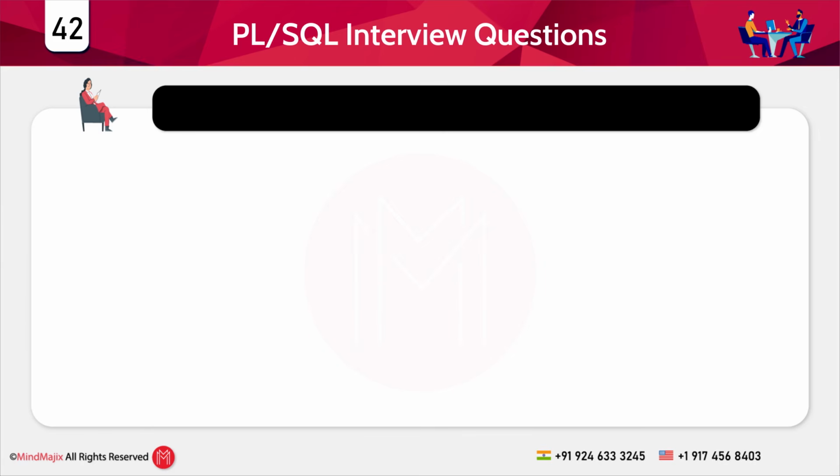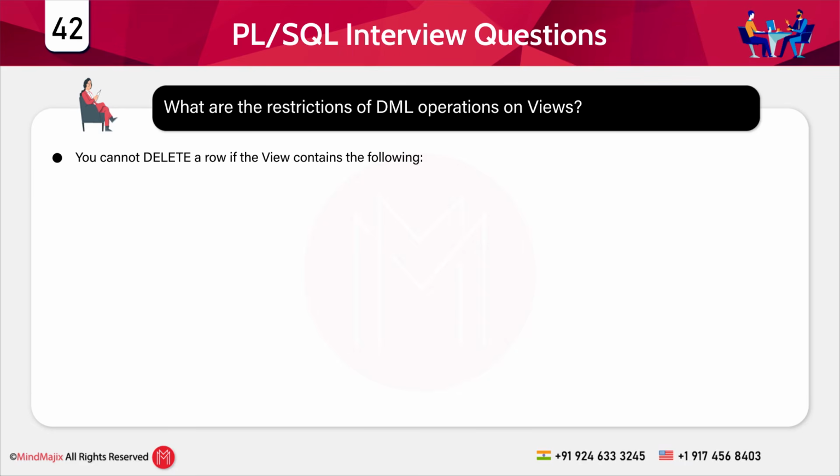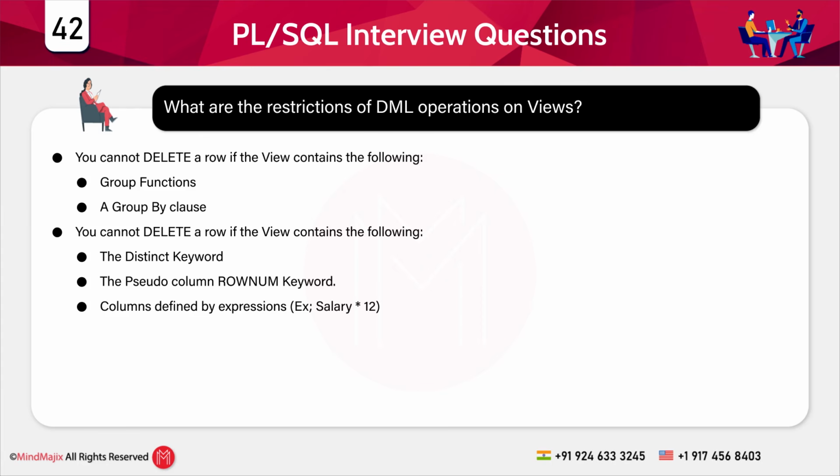The next question over here is, what are the restrictions of DML operations on views? There are a few restrictions of DML operations on views, such as you cannot delete a row if the view contains a group of functions, a group by clause, the distinct keyword, or the pseudo column ROWNUM keyword.